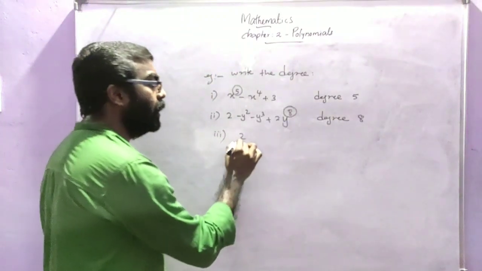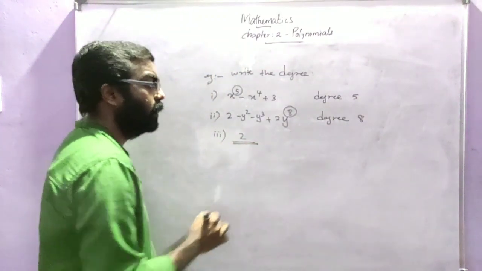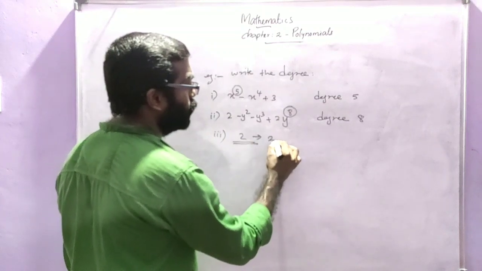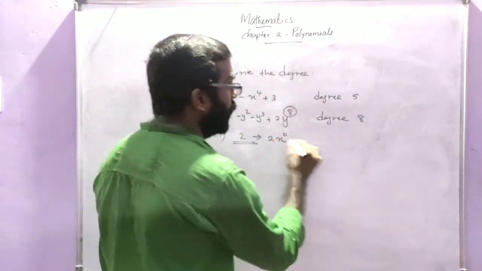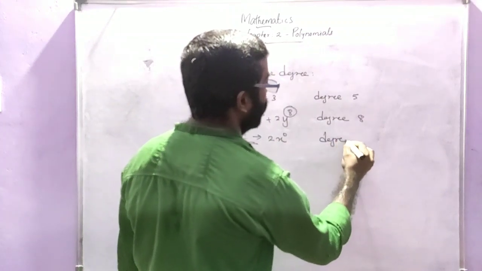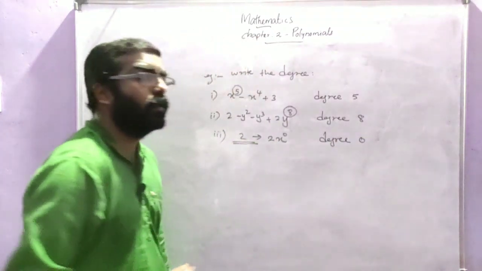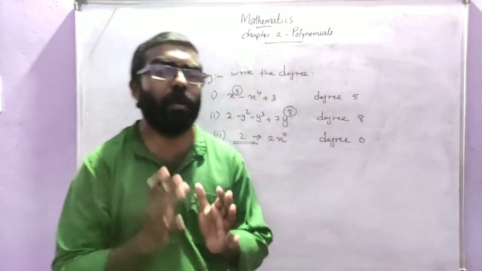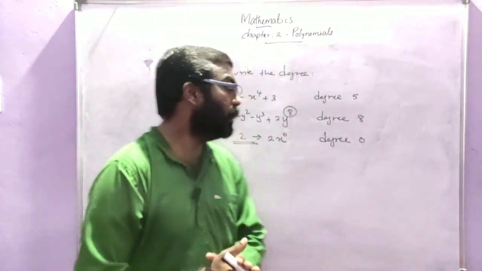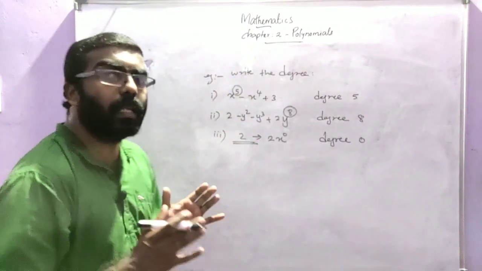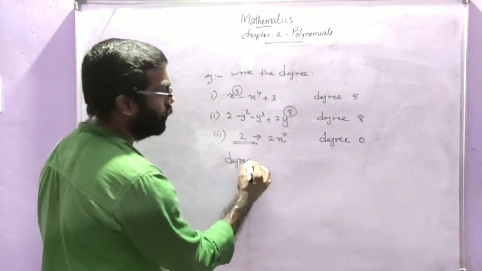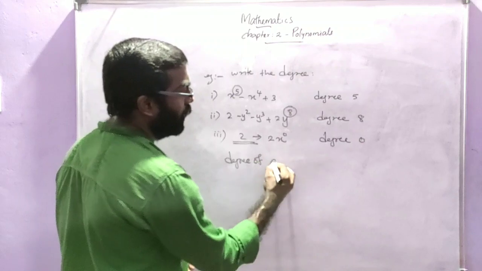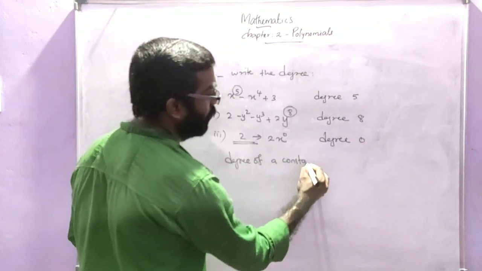And in the last one, it is a constant. That means this 2 can be written as 2x raised to 0. Okay, and the degree is 0. So you have to remember two important things. One is the degree of a constant polynomial is 0.